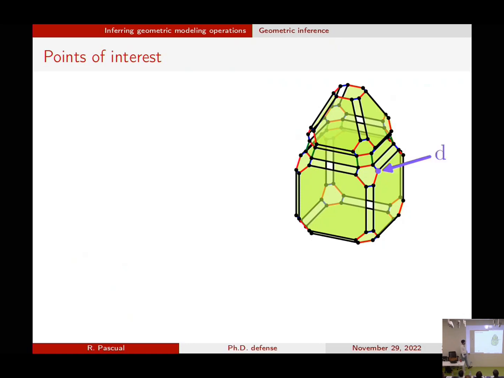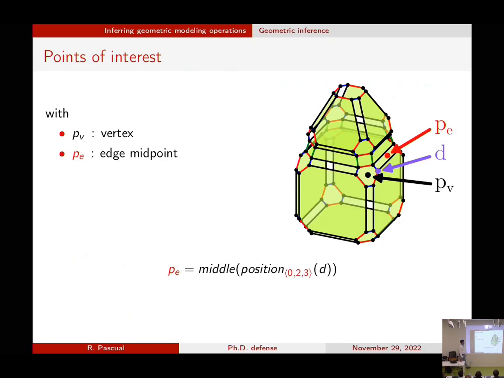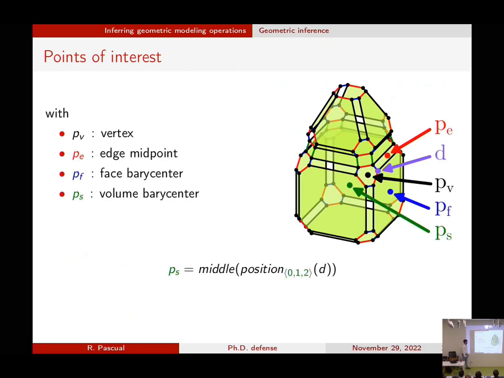So given a dart D, I will replace it by the position of all its topological cells, so the barycenter of all its incident topological cells. So for D, I get the position of its vertex, the midpoint of its edge, the barycenter of its face, the barycenter of its volume, and finally, the barycenter of its connected component.